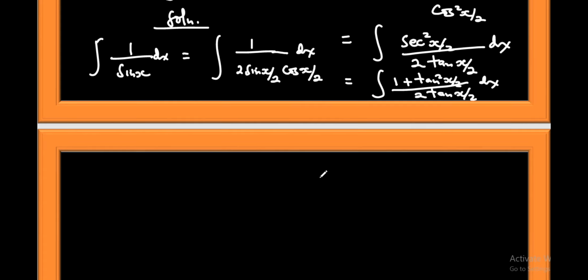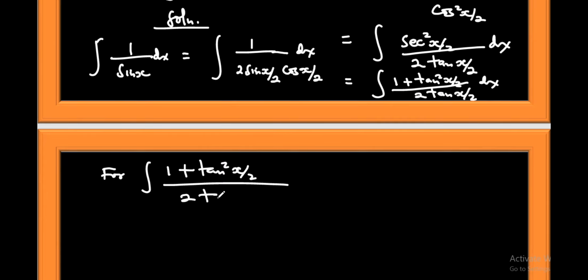From there, we can clearly see that now there is need to let t to be tan x over 2.